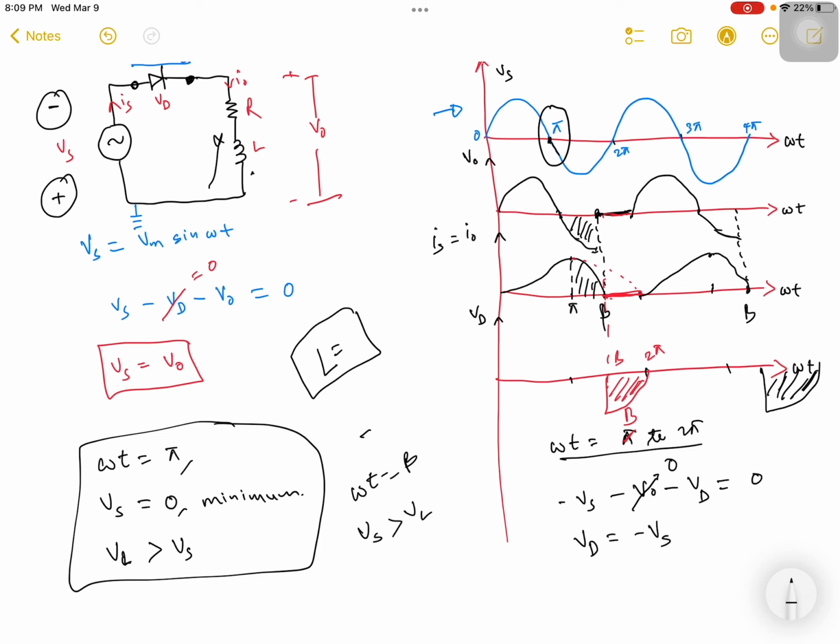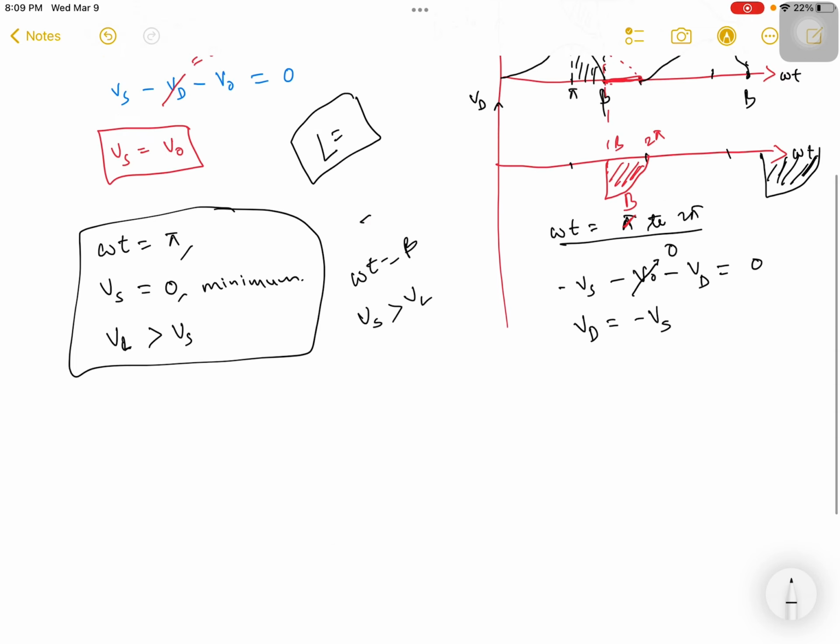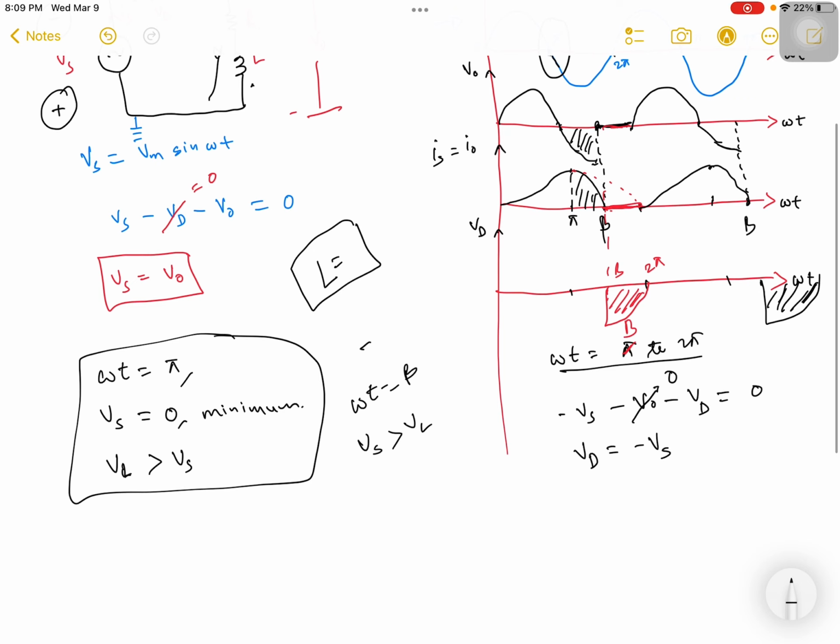If you want to check the performance index of this RL uncontrolled half wave rectifier, then looking at the graph here, since this is a rectifier, we have to calculate the average output voltage. So VO DC will be equal to 1 by the time period, integral from 0 to T, of the input voltage Vs d omega t.